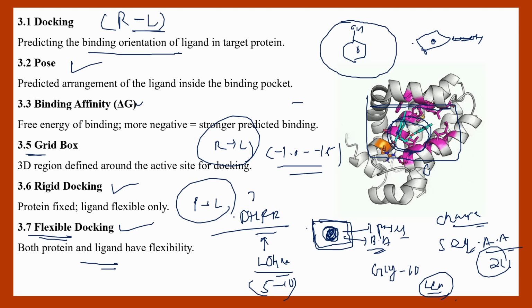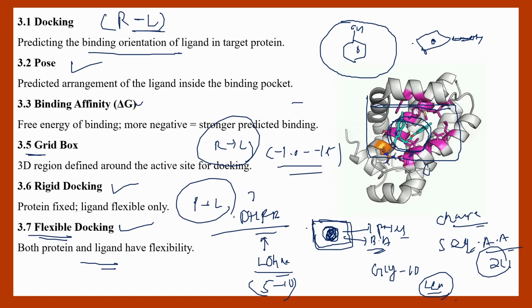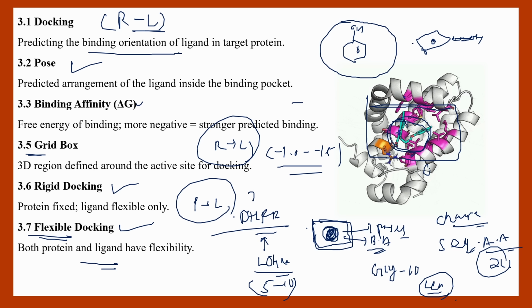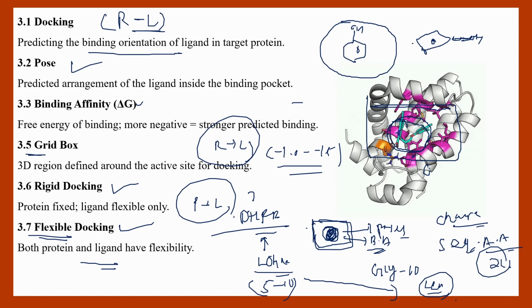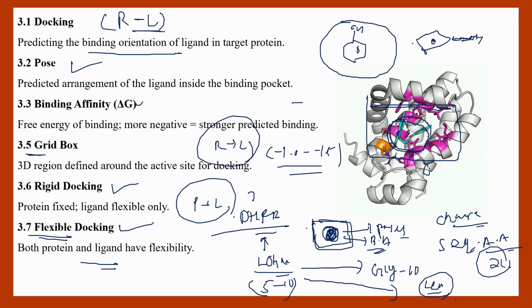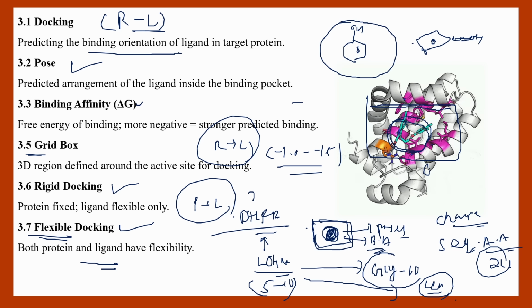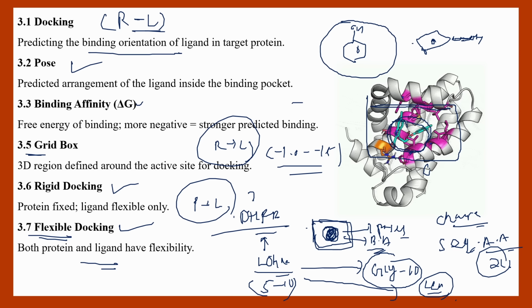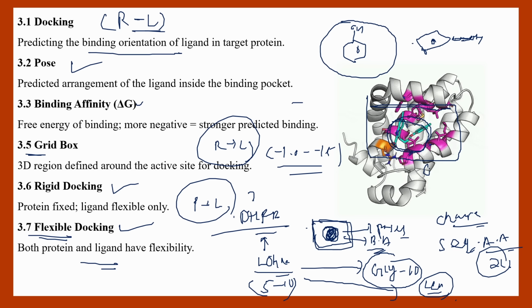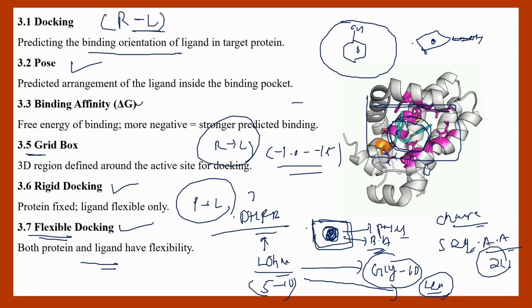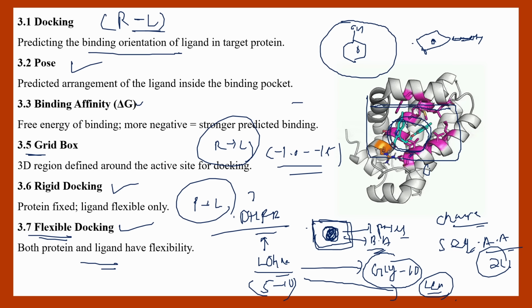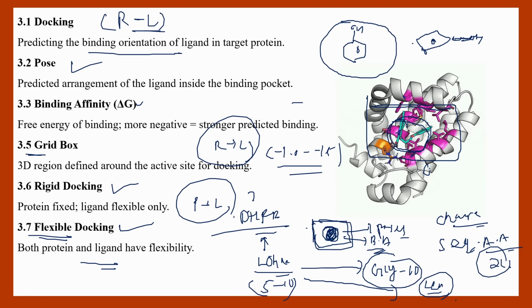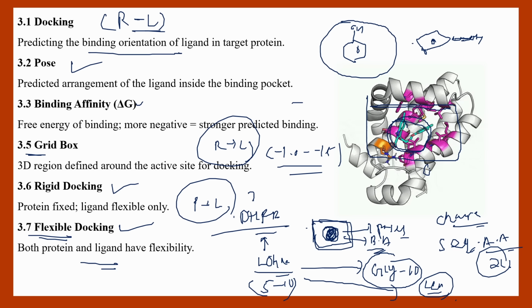So it leads to flexibility inside the protein. And we perform molecular docking using this leucine and the reported glycine, and we compare the result. If a mutation occurs, mutation is nothing but a change in the DNA sequence. So basically, this is called flexible docking.